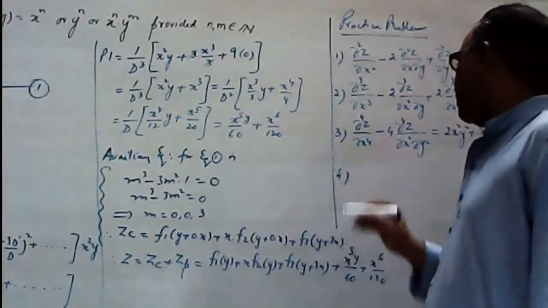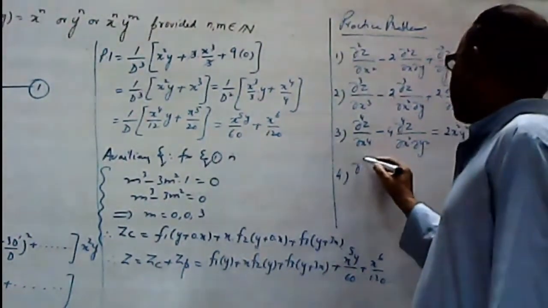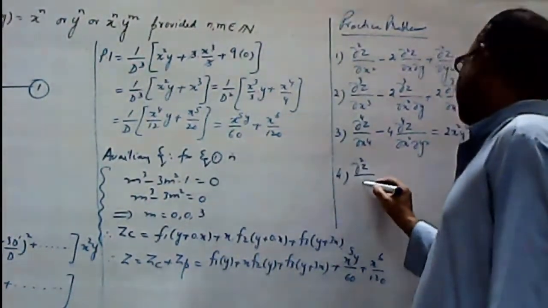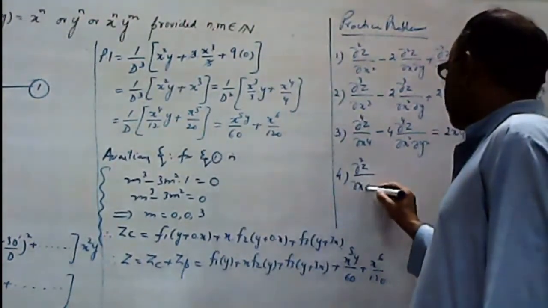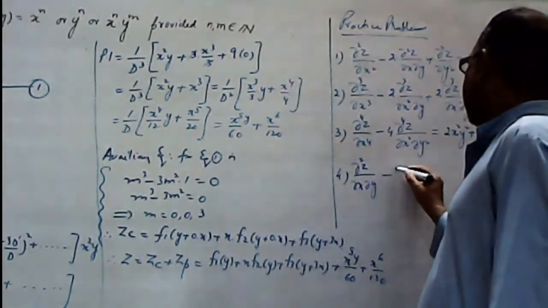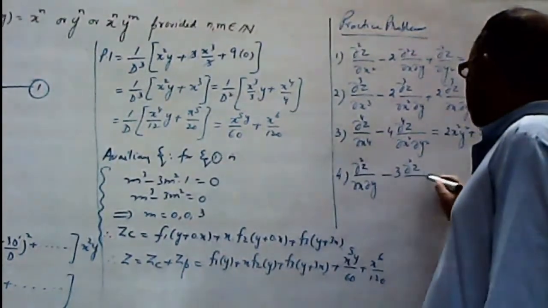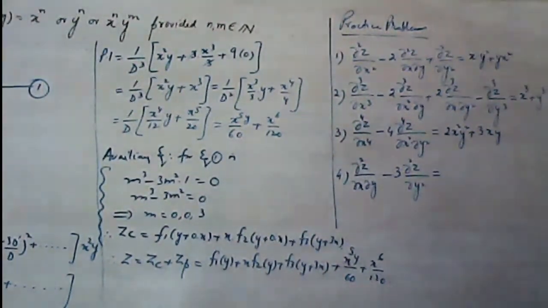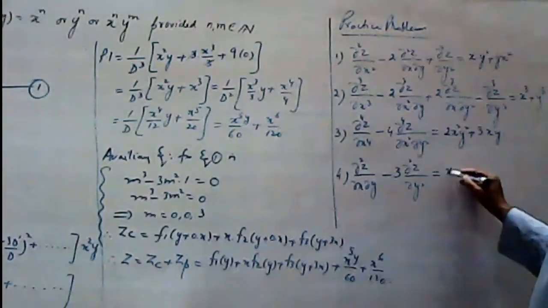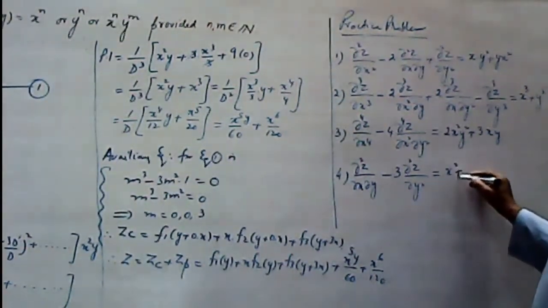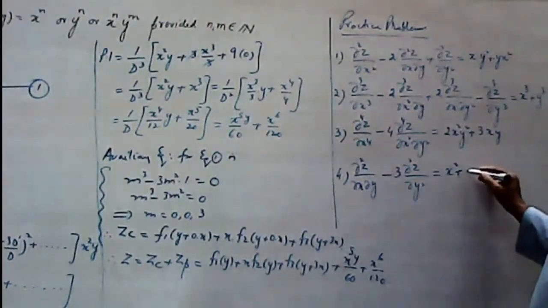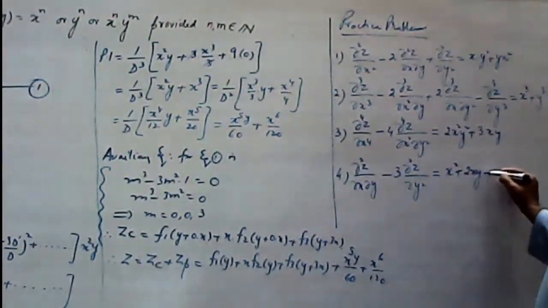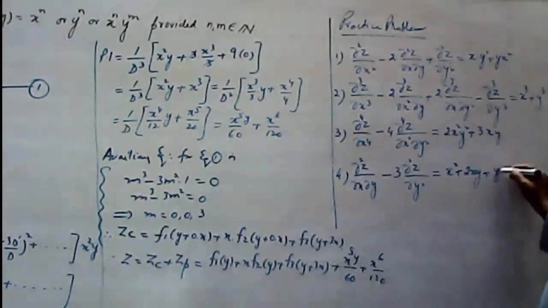Then number 4, partial 2z over partial x partial y minus 3 partial 2z over partial y square is equal to x square plus 2xy plus y square.